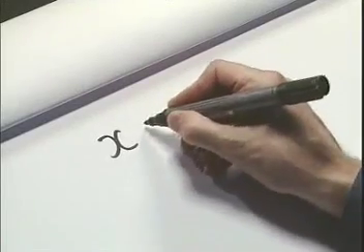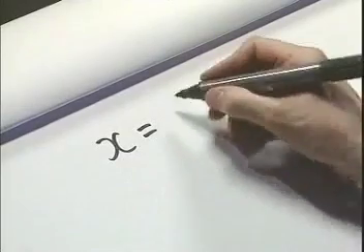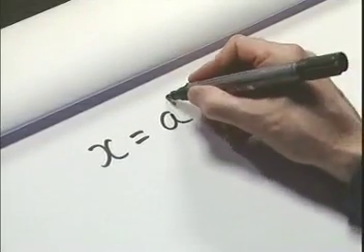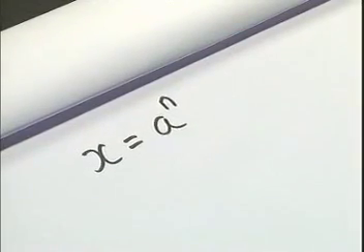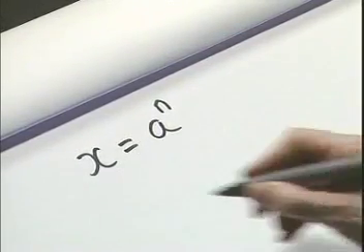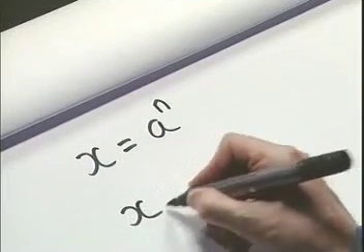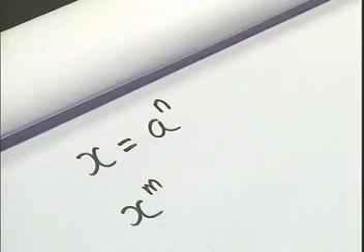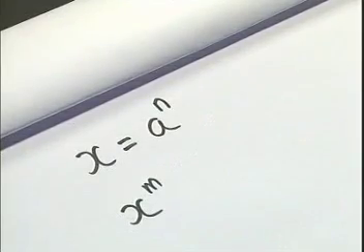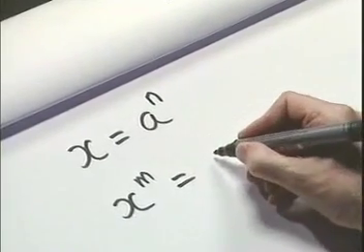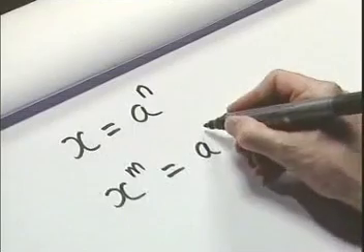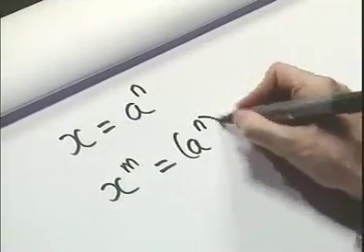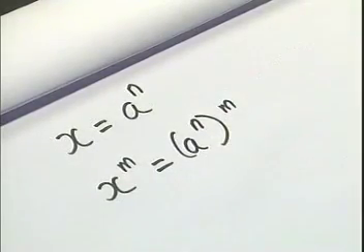What about our second law? Well, again, let's start with x can be written as a to the power n. Now, what if we take x and we raise it to the power m? That would be a to the n, all raised to the power m.